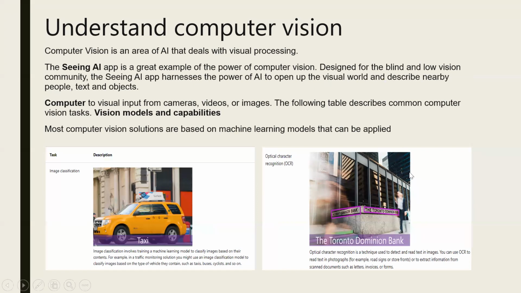Image classification is also one of the services that we get from computer vision. When we are developing any AI model and my requirement is to predict what type of object is present, I can use image classification.